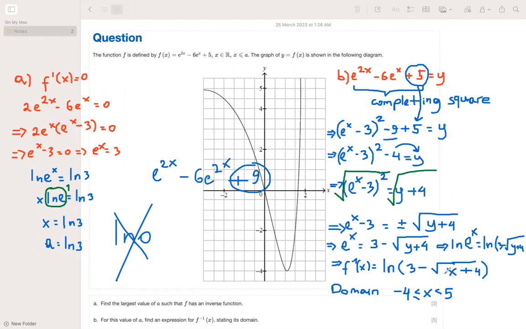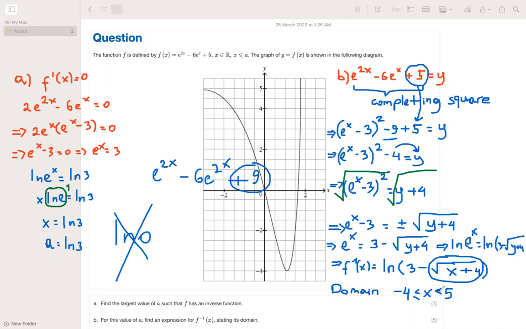But if you get this part as 3, if I give 5, let's say, then that will be the square root of 9, which is 3. 3 minus 3 will give me ln 0. I cannot take ln 0. There is no such thing. For that reason, I cannot take 5.